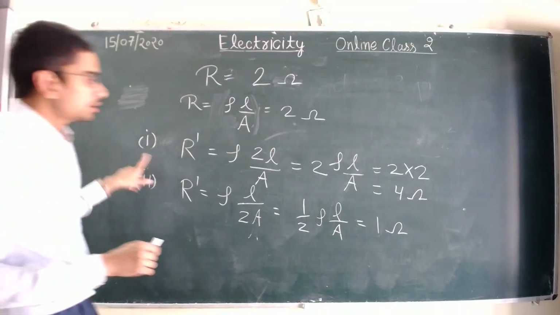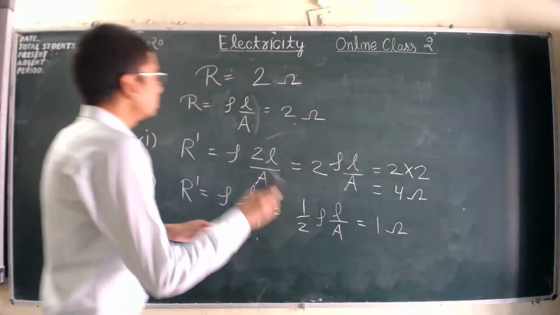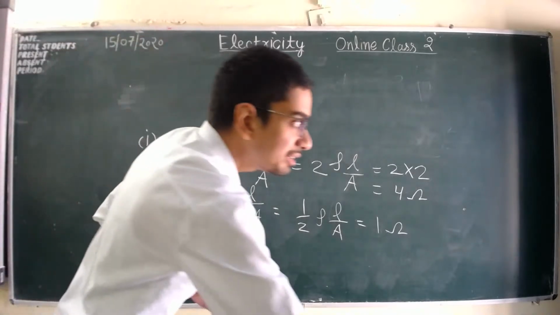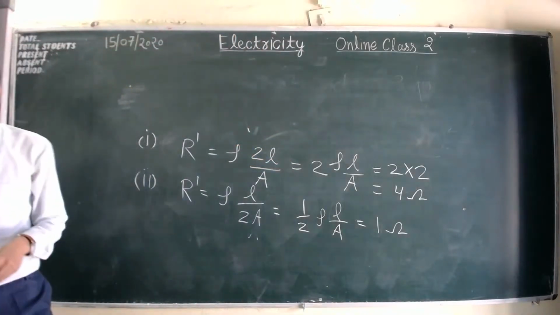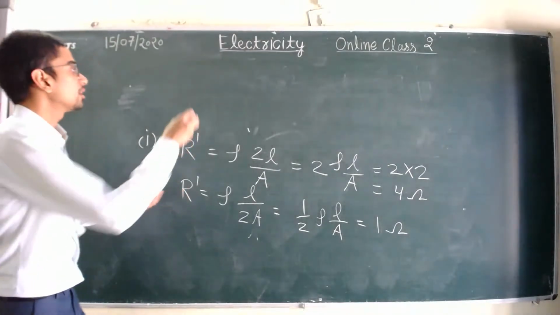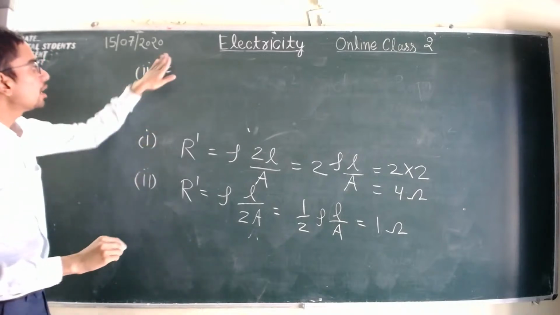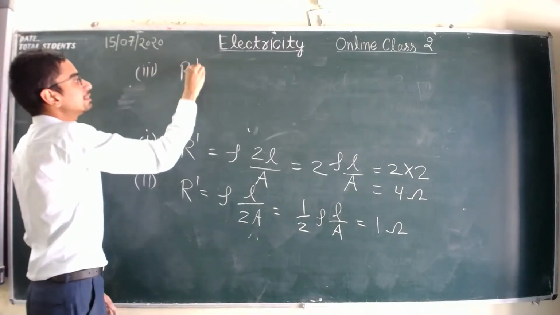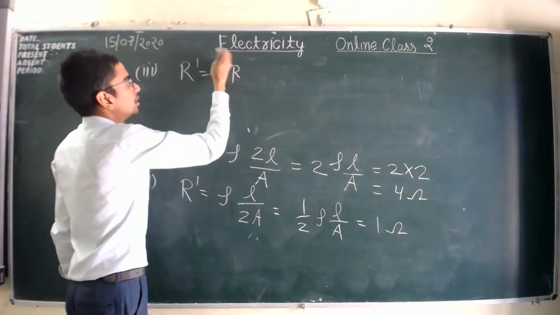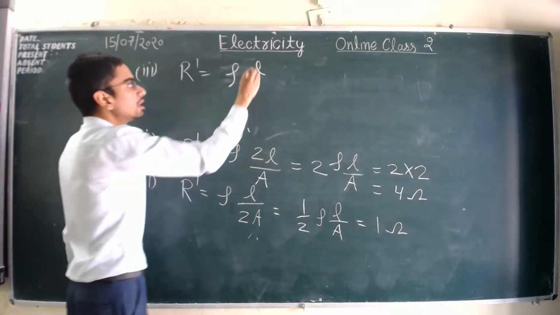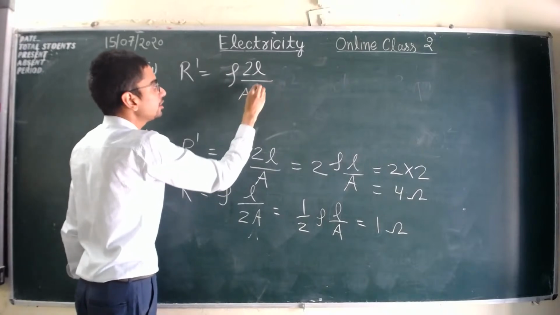First and second part done. Now we move on to the third part. Wire is doubled on itself or wire is stretched. This means length is doubled, area is halved. R dash, the new resistance, length is doubled and area is reduced.